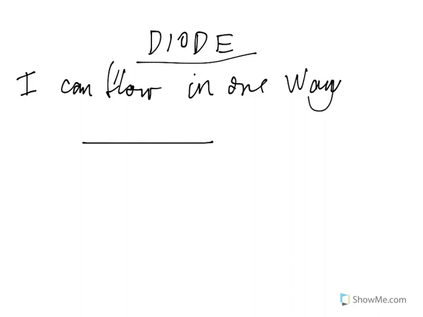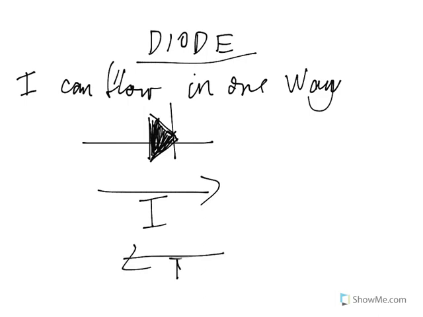The symbol for the diode looks like this, and what that indicates is that your current can flow this way, but not the other way. If we wanted current this way, it doesn't work. So when the current flows the right way, in the direction the arrow is pointing, it's low resistance, but the other way is high resistance.